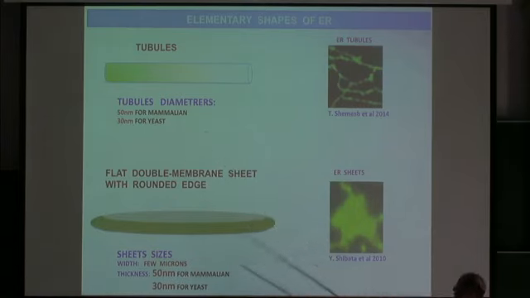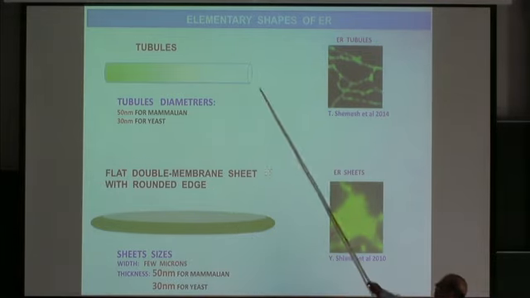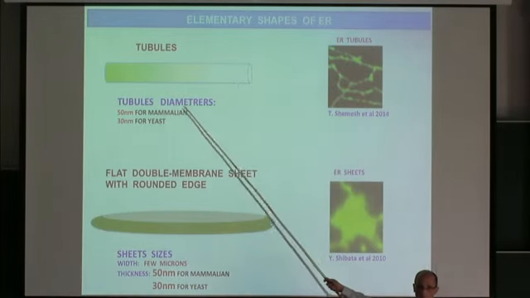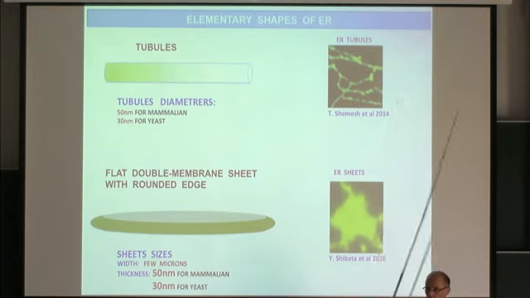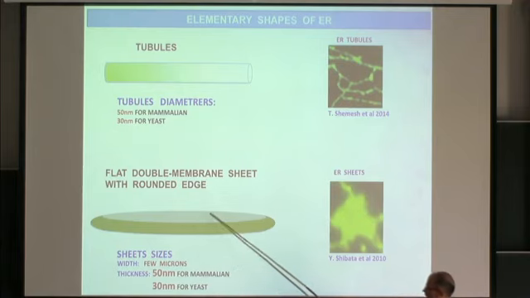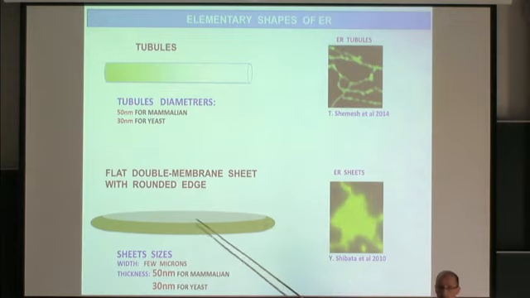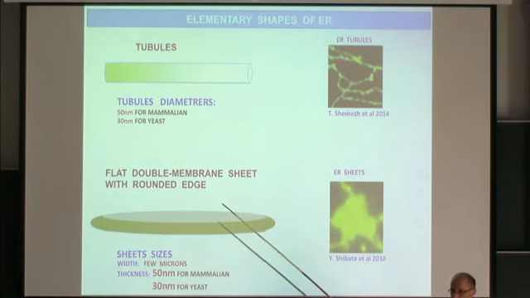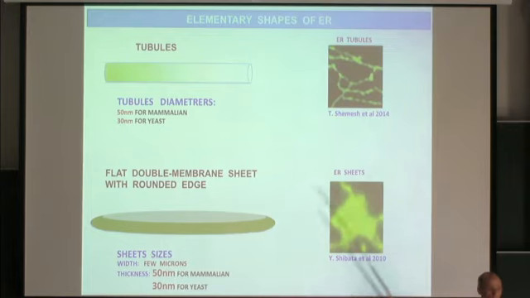So these are really thin tubes. And sheets are flat cisternae which have edges. The sheet is basically flat all over its surface, but it has edges. The thickness of the sheet is the same, more or less 30 to 50 nanometers.